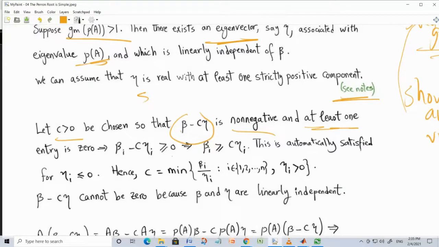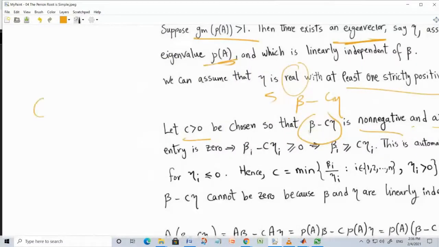Again, you can make a simple argument that I will leave for you: you have a vector beta which is strictly positive, and a vector eta which is real and has at least one strictly positive element. You can choose a positive C such that beta minus C eta is non-negative, and it has at least one element that is equal to 0.